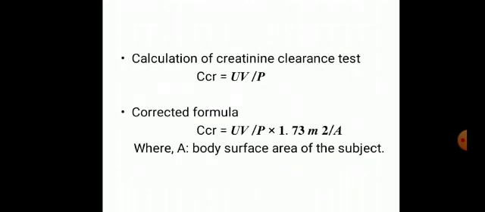Creatinine clearance is calculated by the same equation, U multiplied by V and divided by P, where U is the concentration of creatinine in urine, V is the volume of urine, and P represents the concentration of creatinine in plasma. Correction is done by multiplying the derived value with the body surface area. The standard body surface area is taken as 1.73 meter square.